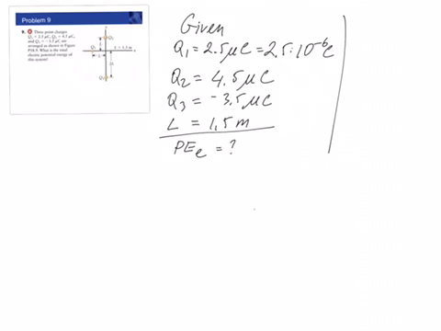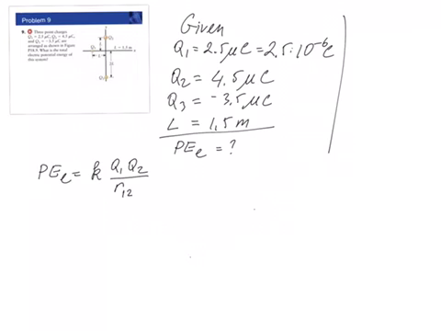So how do we do that? We have 3 charges, and we have to apply the formula for potential energy between 2 charges 3 times. So the electric potential energy is equal to K, Q1, Q2 over the distance, let's write it R1,2.